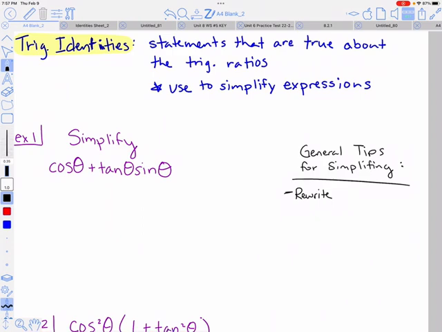So typically, and this is just because they're our most familiar, I will say rewrite your expression in terms of only sine and cosine. We are most comfortable with sine and cosine, and we have all these identities that relate other trig ratios to sine and cosine.